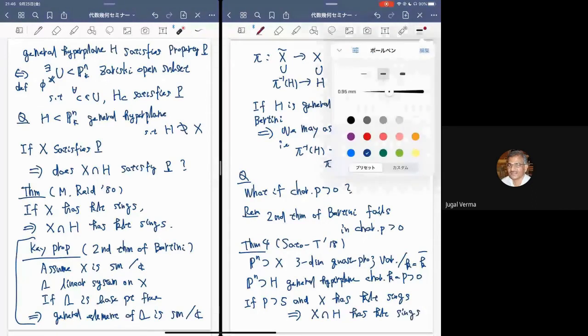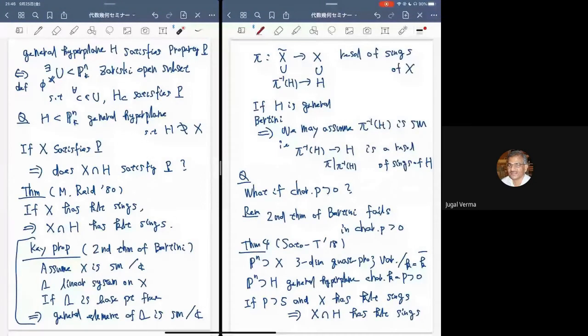Compared with the result of Miles Reid, I need this assumption: the characteristic is greater than 5. But if you assume this condition, then we can prove a similar statement in positive characteristic, at least in dimension 3.